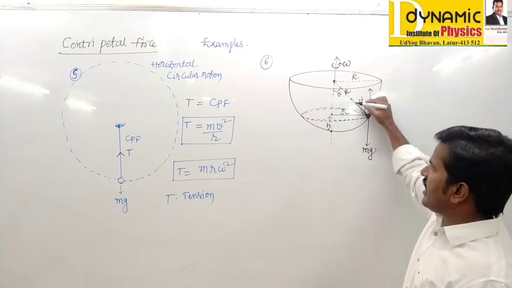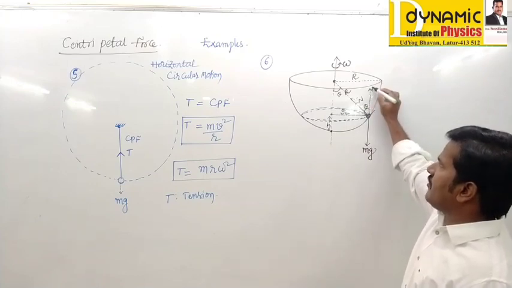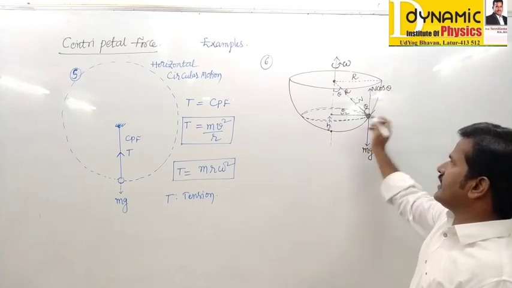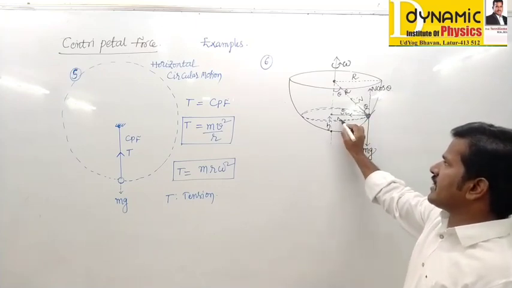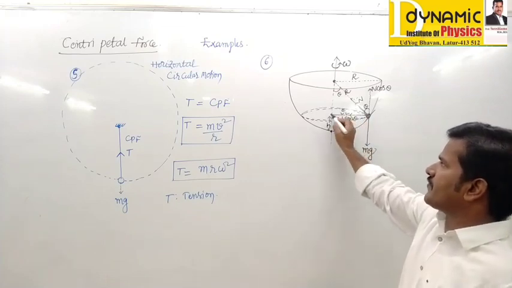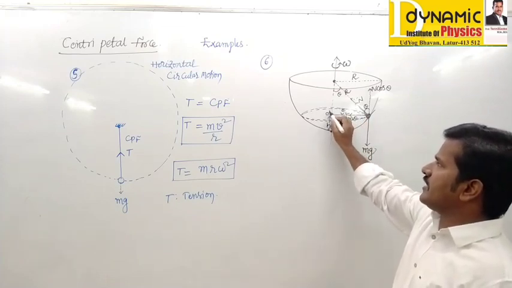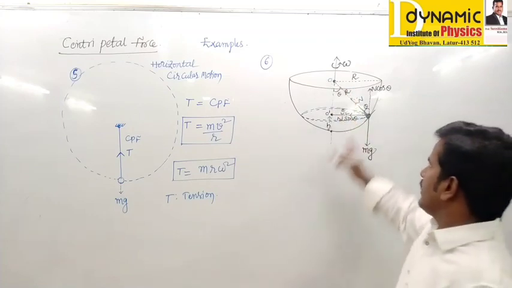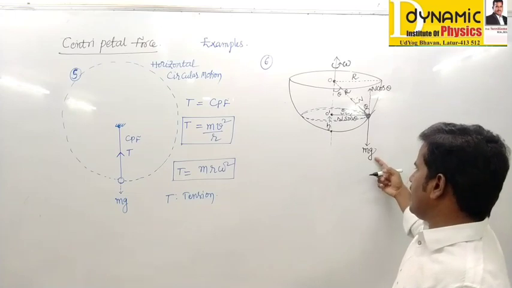So the normal reaction results into two components: N cos theta and N sin theta. N sin theta is toward the center of the circle. N cos theta balances mg.